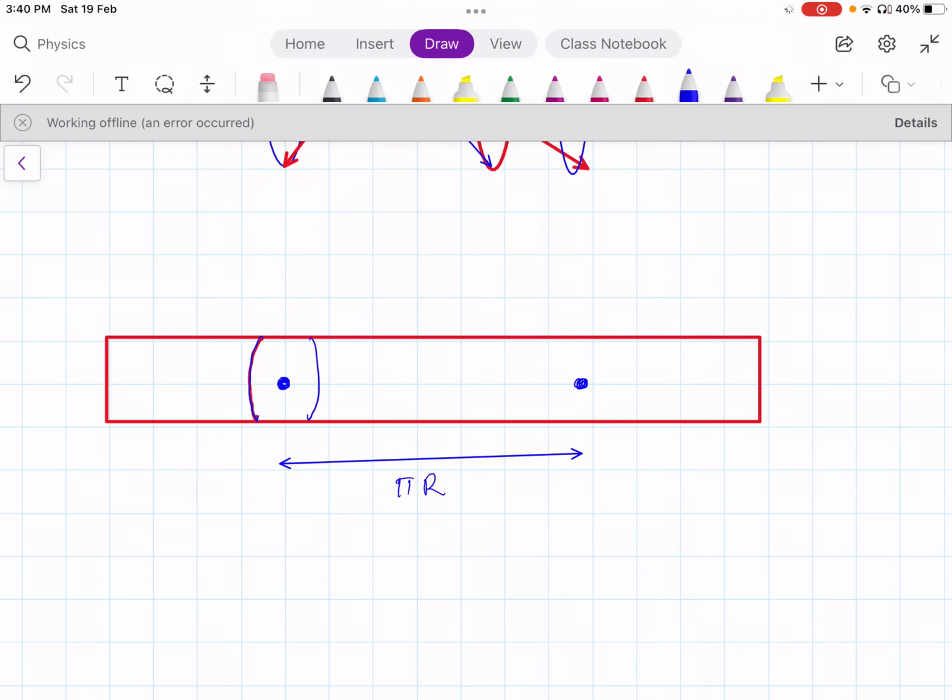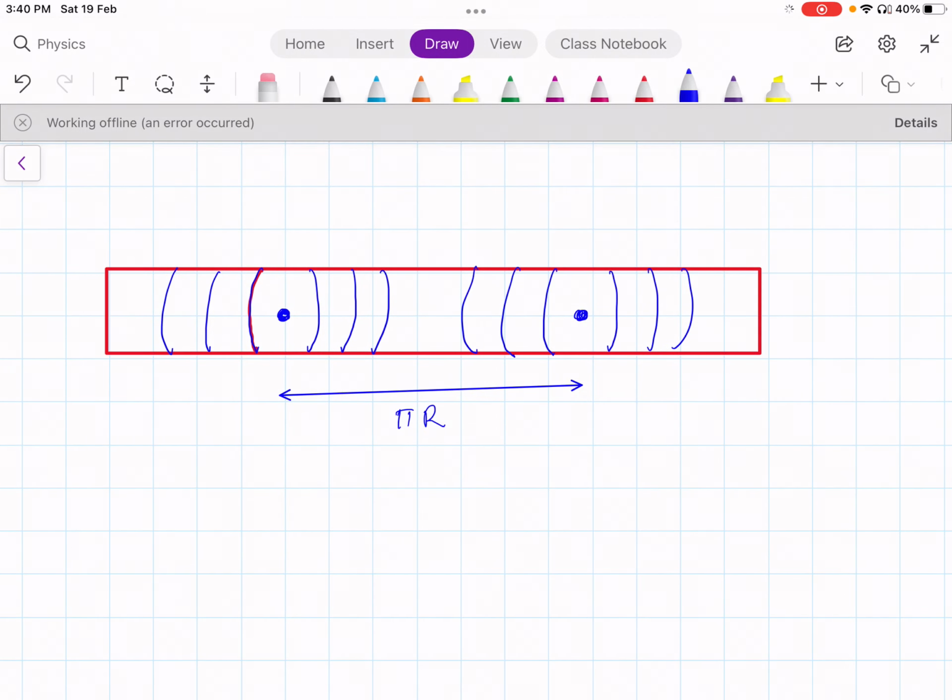This is cone 1, this is cone 2, cone 3, and so on. Similarly over here, cone 1, cone 2, cone 3, and so on. The complete cone we cannot see because our strip has a fixed width that cannot accommodate the complete cone.